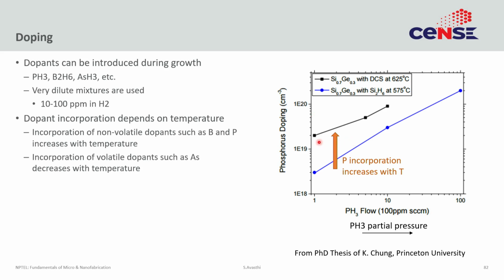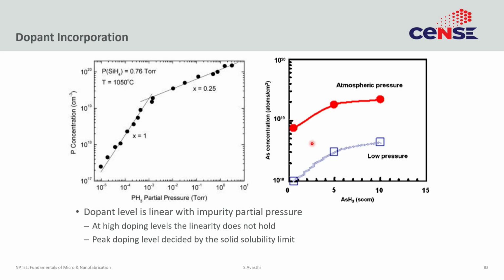The other complication is that often the dopant incorporation is not linear. So, at lower partial pressures it is 1:1, which is that for every additional phosphorus atom you will get additional doping, but at very high partial pressures the incorporation of phosphorus tends to become sublinear. So, for every one molecule of phosphorus you add, you tend to get like 0.25 phosphorus in actual doping.